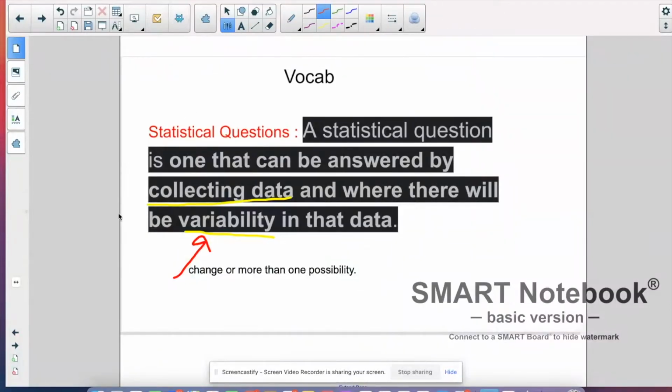And then you also need to have data as well. There must be some kind of numerical or some kind of data involved with a statistical question. So those two things are very, very important for determining whether or not something is a statistical question.